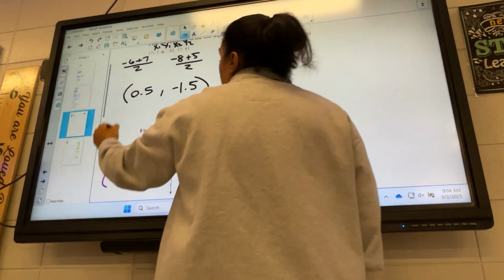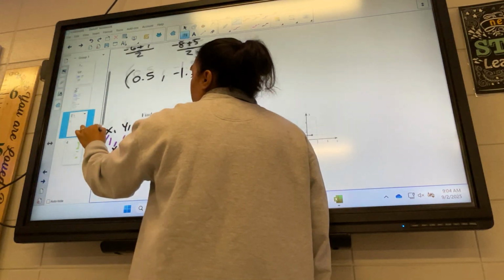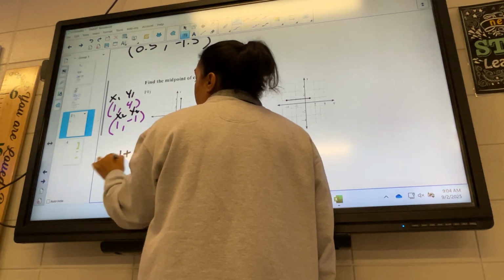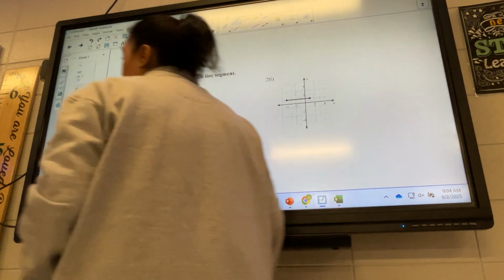We're almost done. So it's going to look like 1 plus 1 over 2 and 4 plus negative 1 over 2.